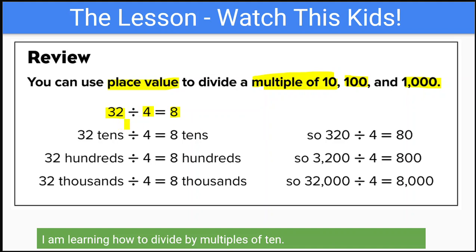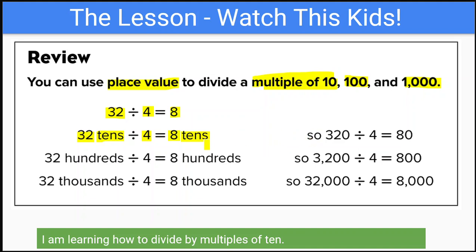Now you can keep extending on this right here. If you know that 32 divided by 4 is 8, well, you could say that 32 tens divided by 4 equals 8 tens. It's just like saying 32 grapes divided up into 4 groups will give you 8 grapes in each group. We're just talking about tens here.